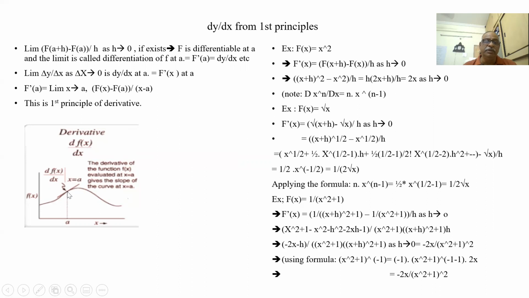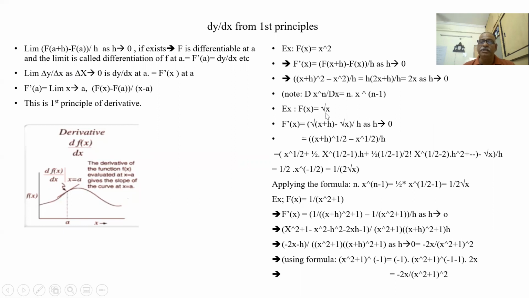So like that, the slope is varying. The rate of rise of y is varying with respect to x. That is what we mean by 2x. X square is the curve, and 2x is the slope variation with respect to x.